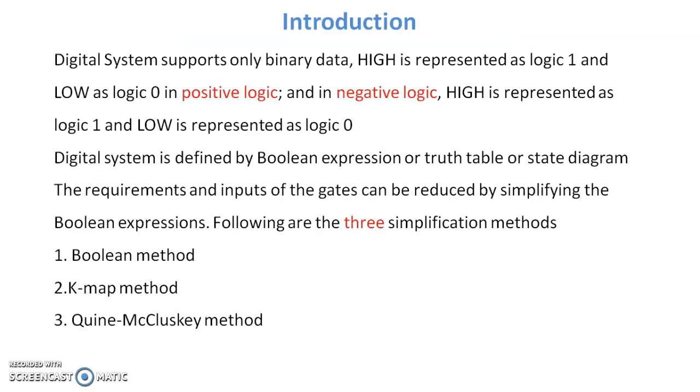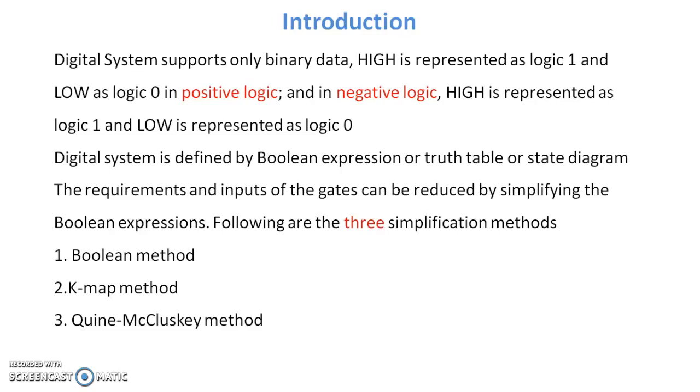A digital system supports only binary data. High is represented as logic 1 and low is represented as logic 0, that is, positive logic and negative logic. The high input is always connected to VCC and the low input is always connected to the ground.